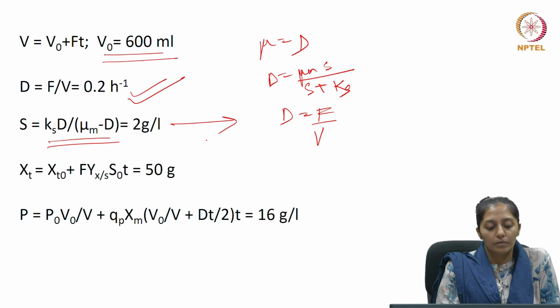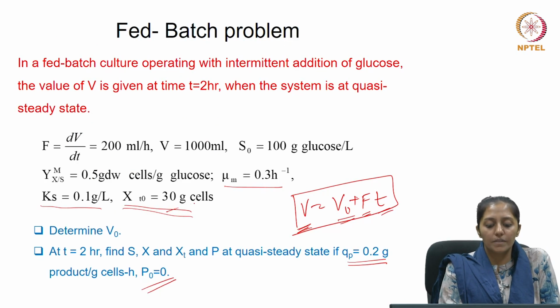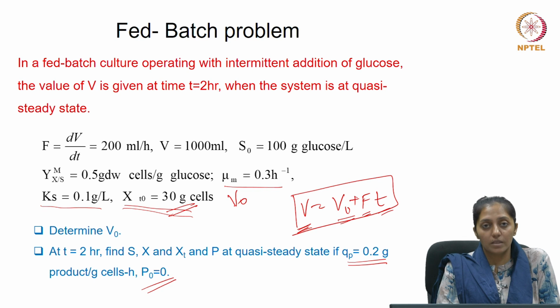Now, we also need to find out the amount of biomass and the concentration of the biomass. Concentration should be straightforward. We know that they have given 30 grams of cell at Xt naught, and we also know V naught, and we know it is quasi steady state. So, will the concentration of the biomass keep changing with time? No, right.